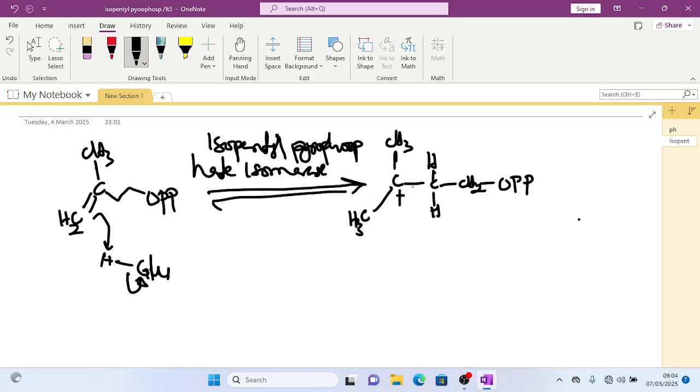So of course, our negatively charged glutamic acid now, we then have to abstract this proton so that this bond is going to try to neutralize this positive charge here. And this will give rise to this compound.